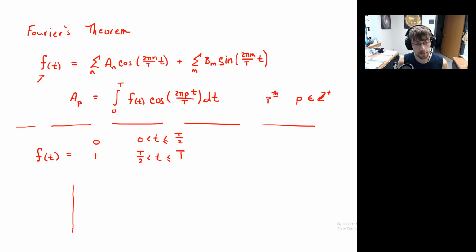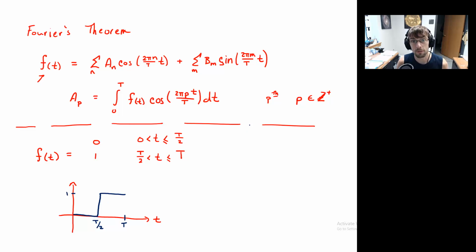And again, as I said before, if you plot this as a function of time, you will get that it is 0 up to T over 2, and then it'll jump to a value of 1 for a period of time. And then, of course, one of the things that Fourier's theorem notes is that this is for a periodic function.